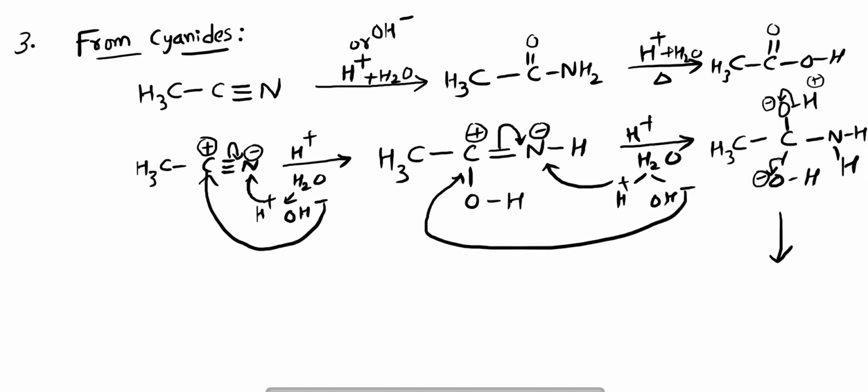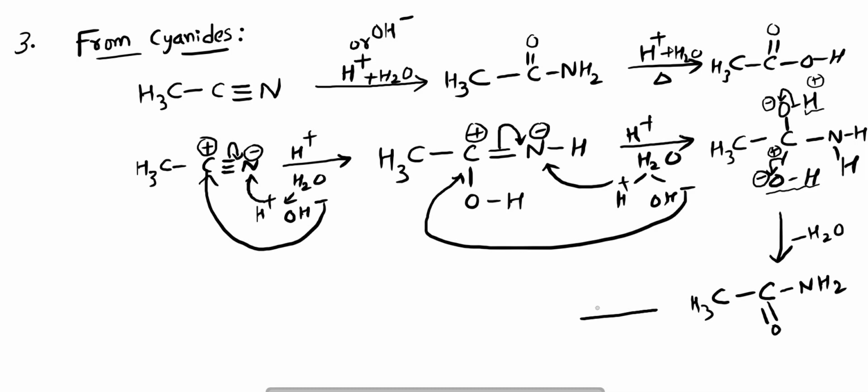Now carbon, having lost electrons to oxygen, becomes positive, so it forms a double bond with one of the oxygens. This OH minus combines with H plus and forms water. Water is removed. So in this first step, when cyanides are reacted with acids with water, we get amides in the first step. Amides, RCONH2, is the amide functional group.